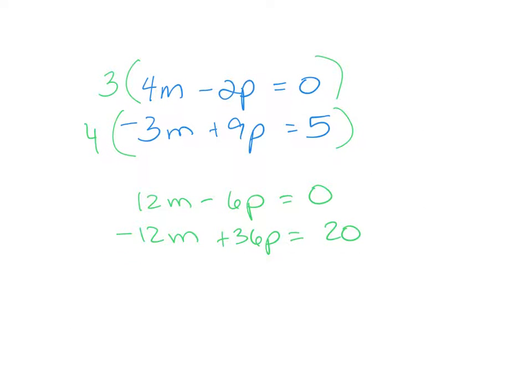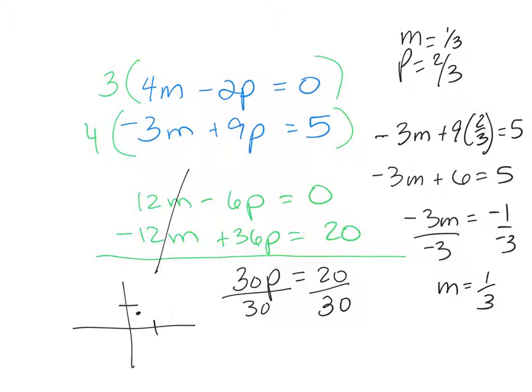Everybody see that? So we take the first equation, multiply it by 3. The second equation, multiply it by 4, which will give us a 12m and a -12m. We do all the math and multiply the 4 and the 3 by everybody in the equation. And we come up with p equals 2/3. And then we plug in that 2/3 for p and find that m equals 1/3.